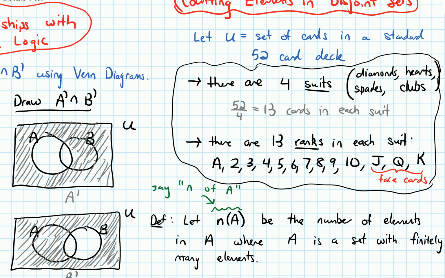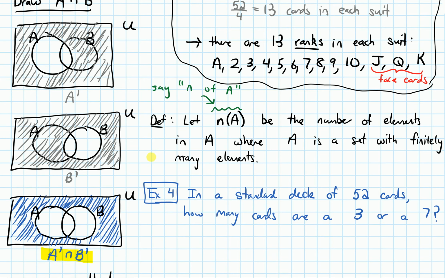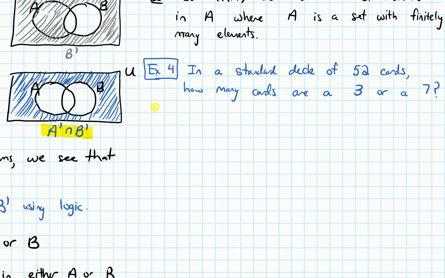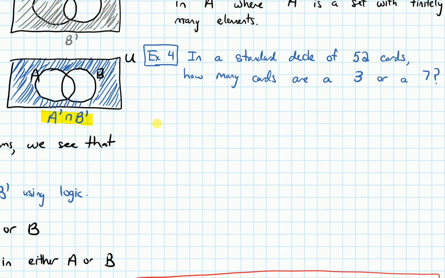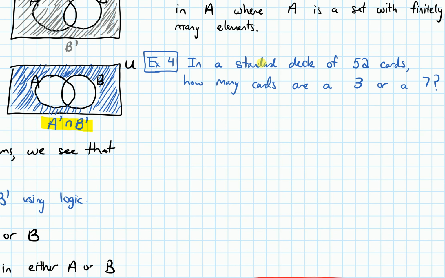All right, let's look at an example. So example 4 says the following. In a standard deck of 52 cards, how many cards are a 3 or a 7? Okay, so there's sort of 2 groups here. There are the 3s, and there are the 7s. So I'm going to introduce some set notation.